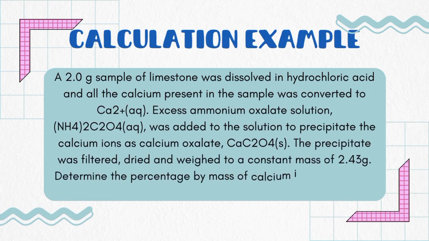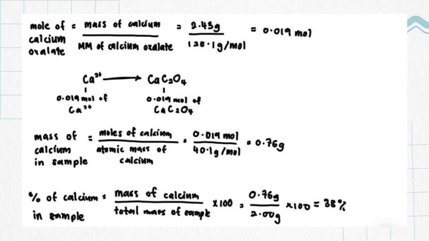Here is an example of the calculation. To determine the percentage by mass of calcium in the limestone sample, we must ascertain the amount of calcium in the 2.43 gram of precipitate formed. We know the molar mass of calcium oxalate is approximately 128.1 gram per mole.